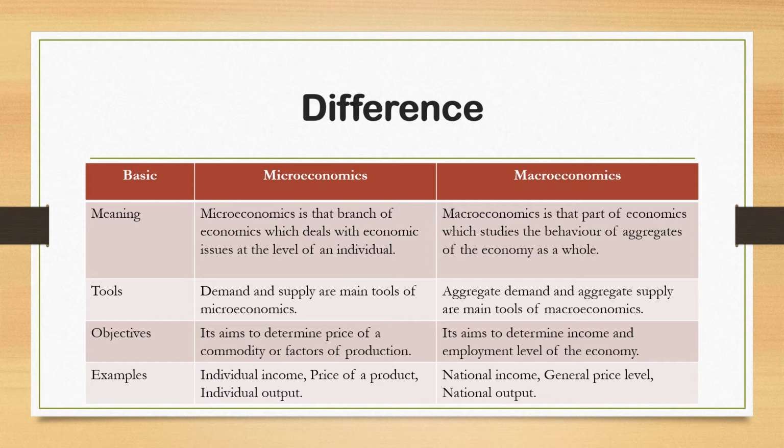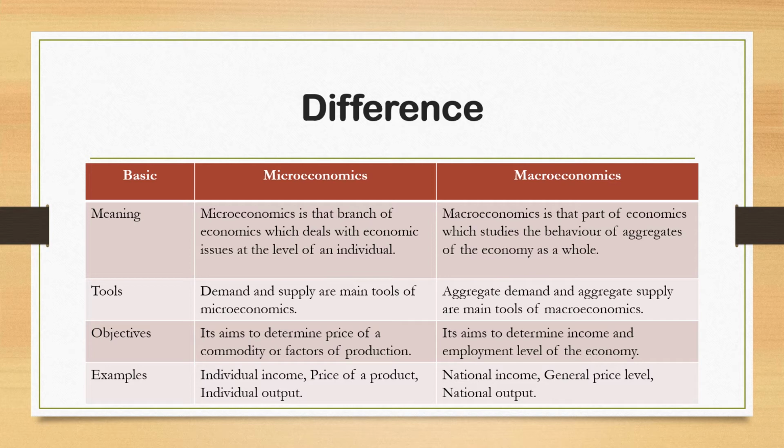The second basic is tools. In microeconomics, demand and supply are the main tools. But in macroeconomics, aggregate demand and aggregate supply are the main tools.